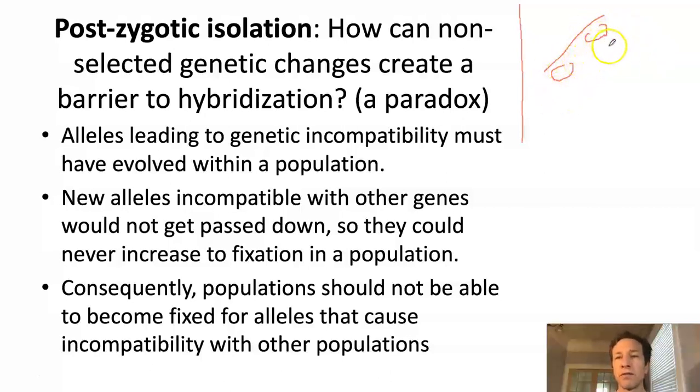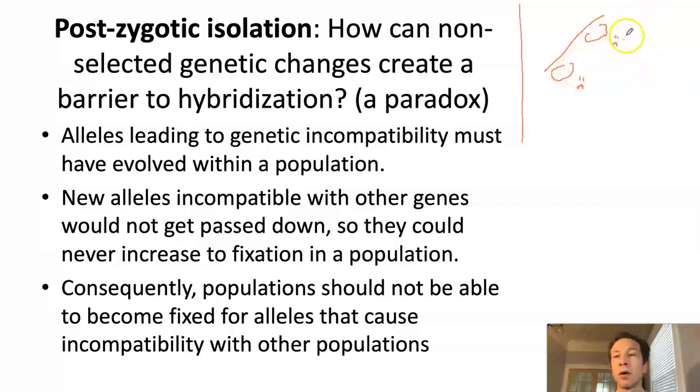and we get the formation of hybrids, if those hybrids don't do very well in this upper area, just draw a frown, and if hybrids don't do very well in the lower area either because they're not really well adapted to either area, then those hybrids will tend not to leave behind many offspring, and these two populations could maintain their separate identities and continue speciating.